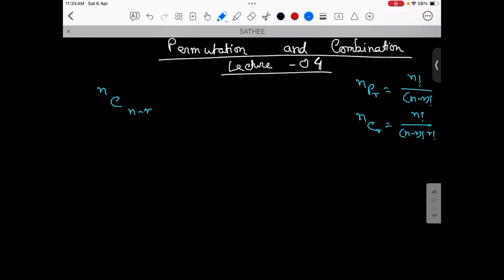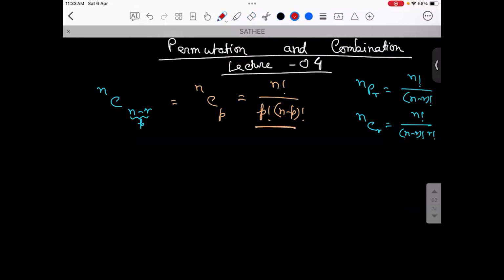Now, what about this NC(N minus R)? By formula, if we consider this N minus R as P, then this is nothing but NCP. By formula, this will be N factorial divided by P factorial into (N minus P) factorial. Let us put P equals N minus R in this.